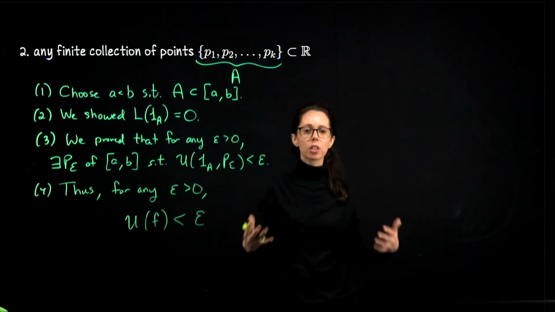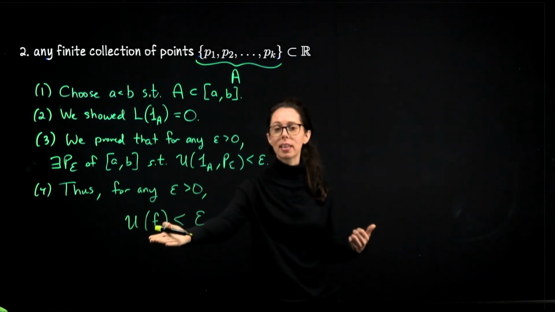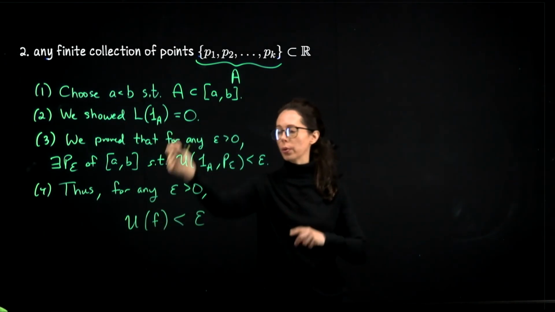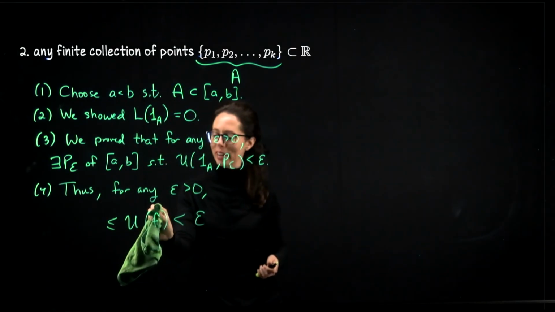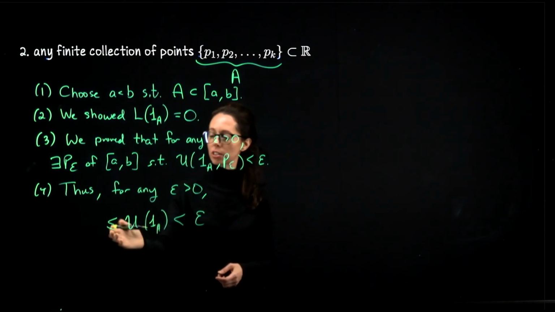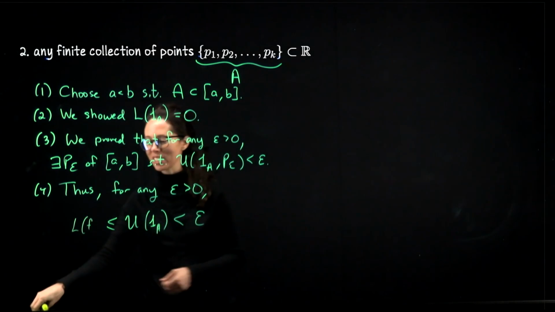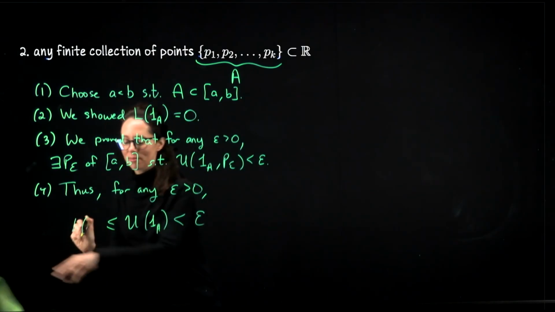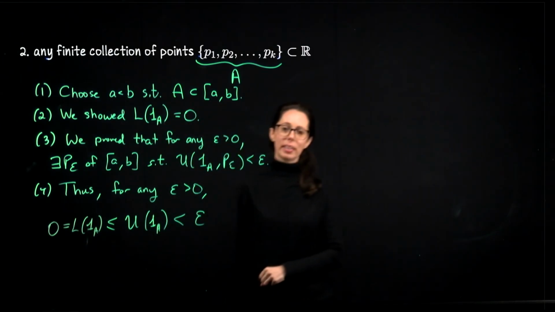But the characteristic function is a bounded function. This is a bounded set, so we know this number exists, and we know it's bounded to the left by the lower integral. Oh, sorry, again, I wrote f. Kind of muscle memory here. Let me change this. We have the upper integral of the characteristic function is greater than or equal to the lower integral of the characteristic function, which we explicitly computed was 0.